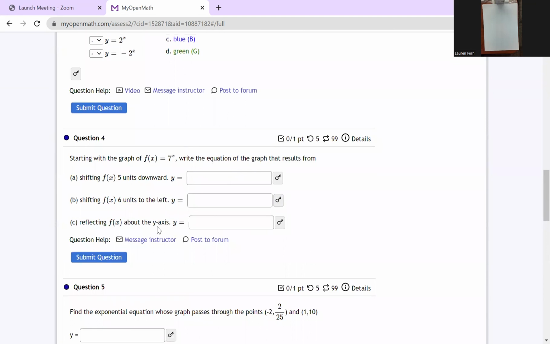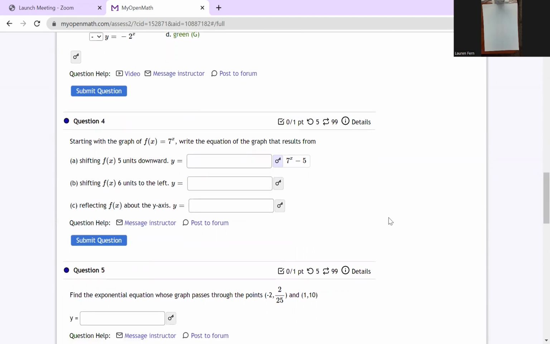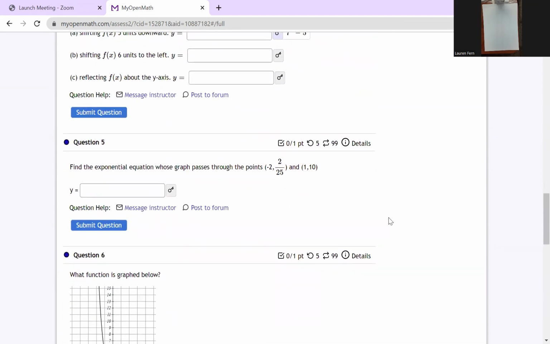This is also another 1.5 sort of question. We're taking an exponential function, and if you shift it down 5, doesn't that mean, for example, we subtract 5 at the end? Y'all with me here? Okay, so that's another 1.5 question.